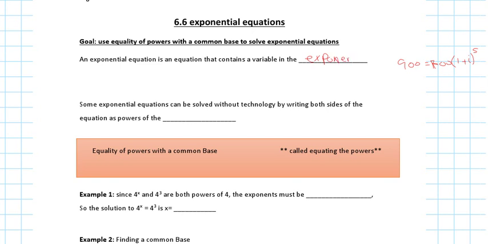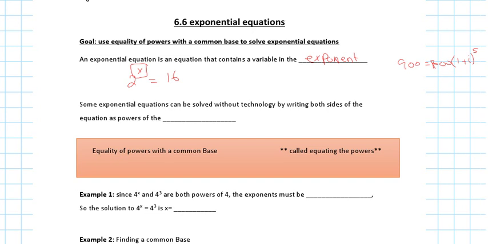So if I have, let's say, 2 to the power of x equals 16, you see that my exponent is the variable. So I have to figure out how to find that x, how to solve for that x.